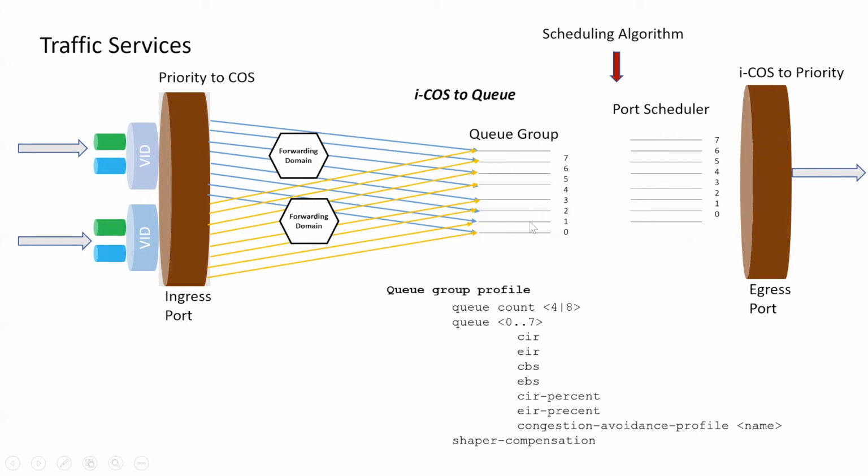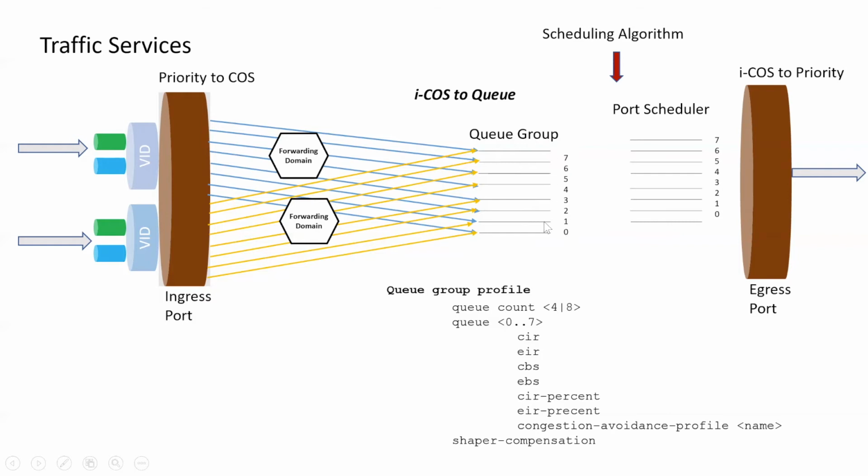The way that we'll decide which queue in the queue group a particular frame should be enqueued to is based on the internal COS that we've marked on that frame. In this case, I'm saying that 0 is the lowest priority and 7 is the highest priority. I've got 8 queues here.